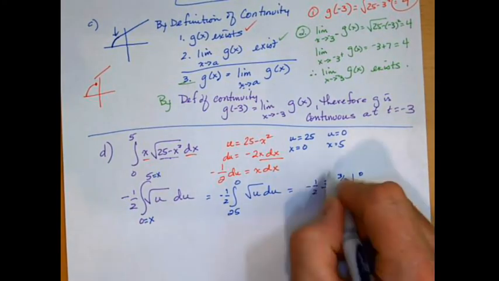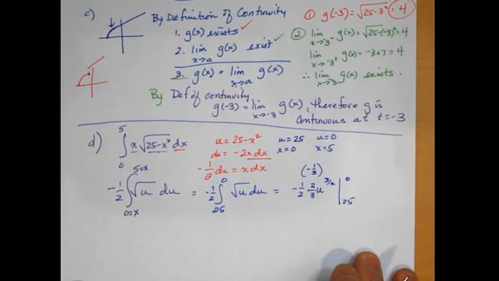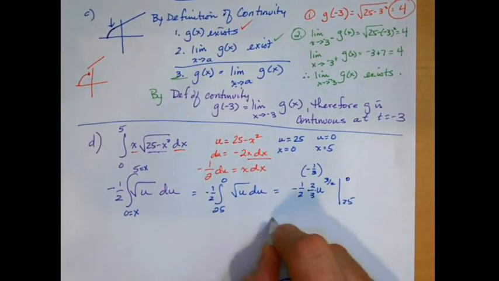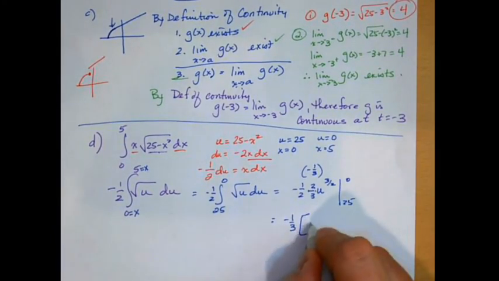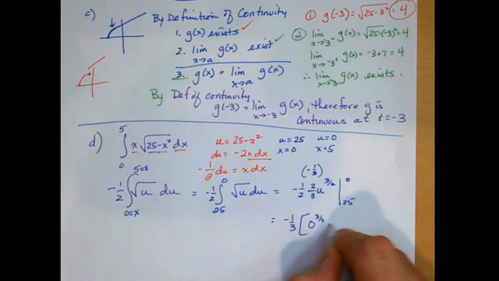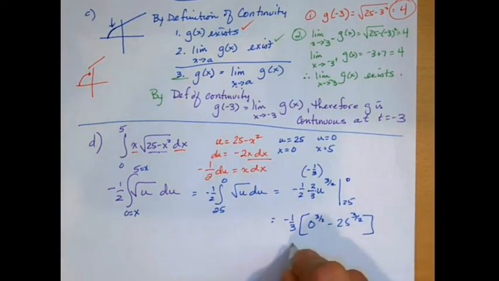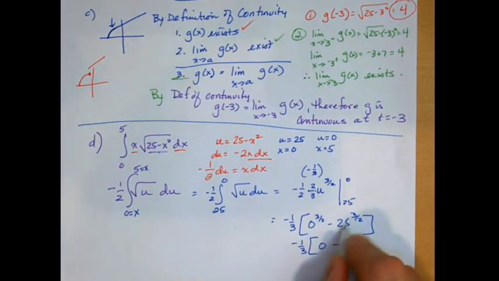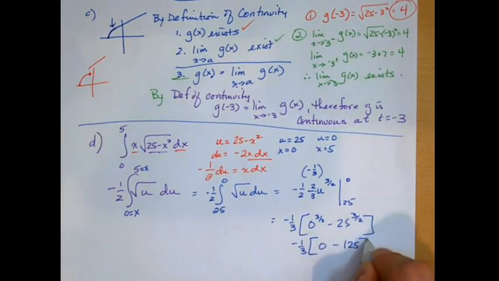This is negative 1/3. Okay, so negative 1/3 we're going to bring out front. And then we're going to go 0 to the 3/2 minus 25 to the 3/2. So that's negative 1/3, and we got 0, and then this is the square root of 25, which is 5, cubed is 125. So that is 125 over 3.